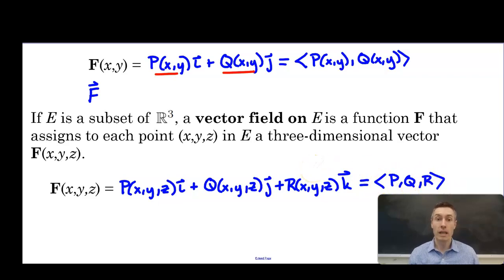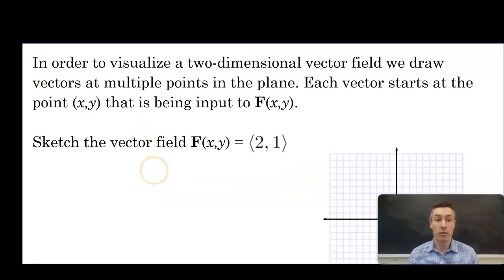So that's the notation and the process of a vector field. If we want to create a vector field or visualize it, we draw vectors at multiple points in the plane. Each vector starts at the point (x, y) that is being input to the vector field F of (x, y). Now this is important because in our previous work with vectors in Unit 1, we emphasized the fact that vectors were not fixed in space.